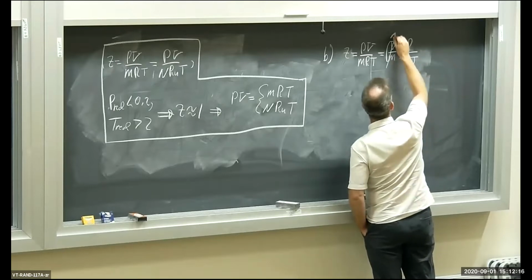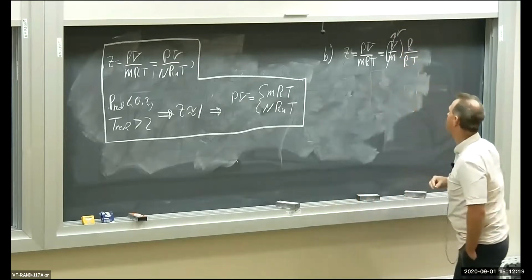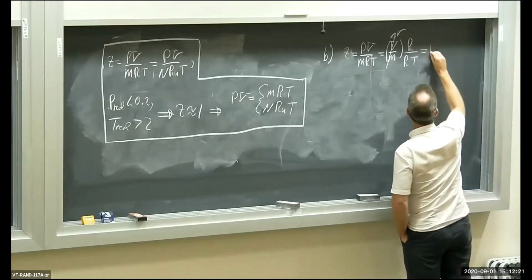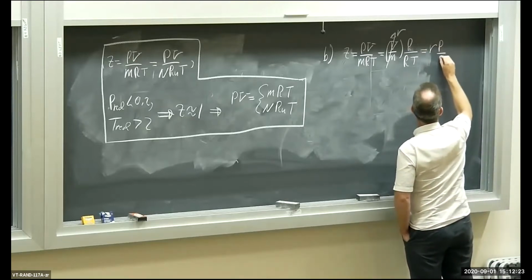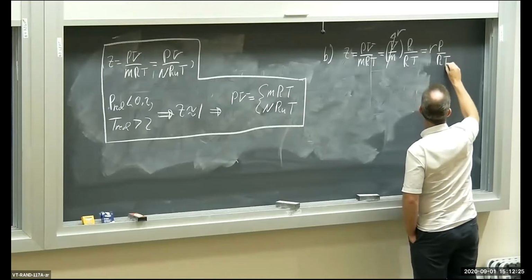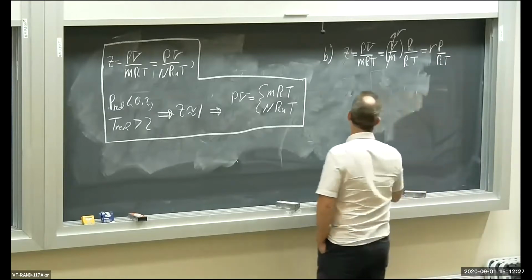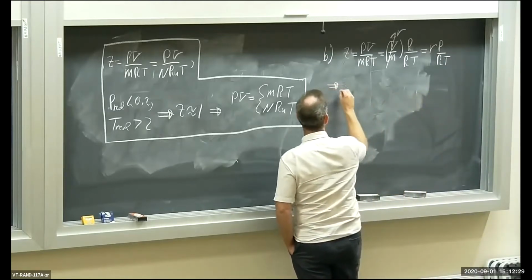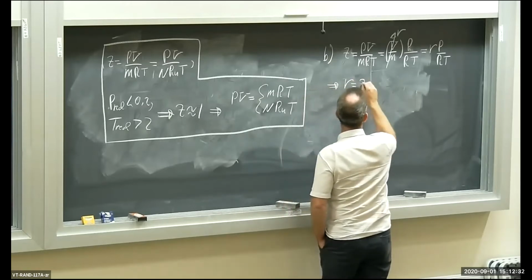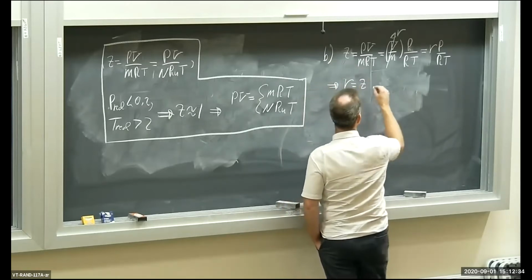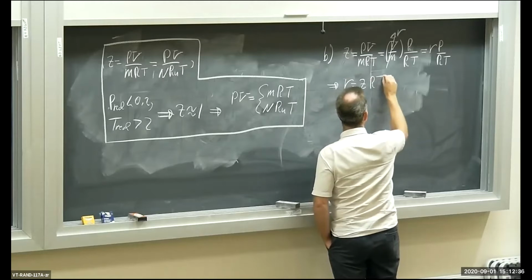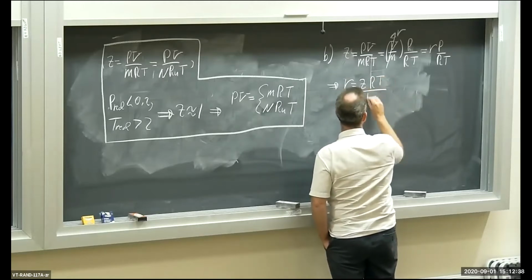Now this, of course, is specific volume. Let's solve this for specific volume. Specific volume is equal to the compressibility factor times the gas constant R times temperature divided by the pressure.